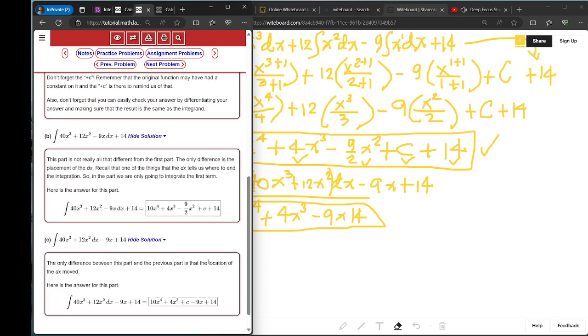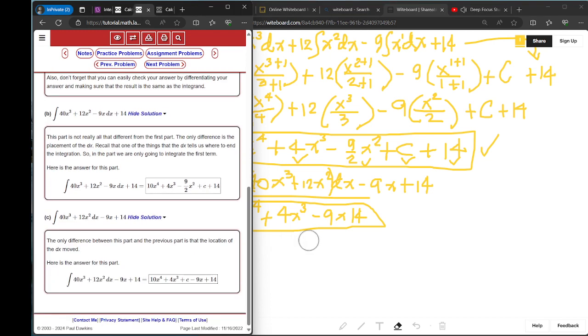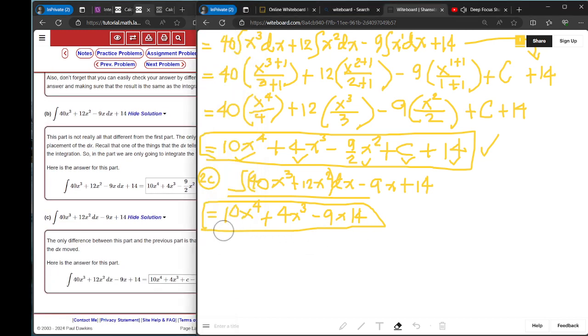So let's check the answer of Paul. That's 10x to the fourth, yes, 4x cubed. Oh no, I forgot to write c. So I need to erase this. Please do not forget to write plus c. My teacher is somewhat strict, so I might get some deductions or even a wrong answer.